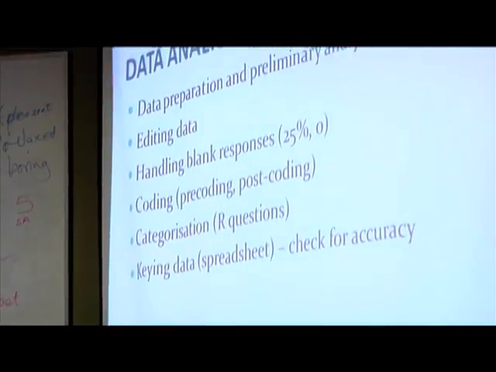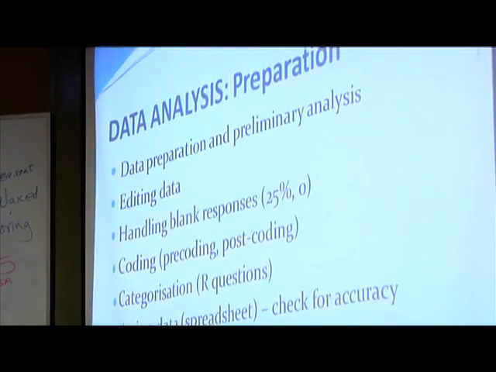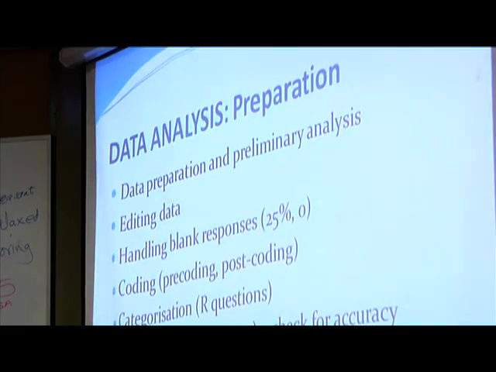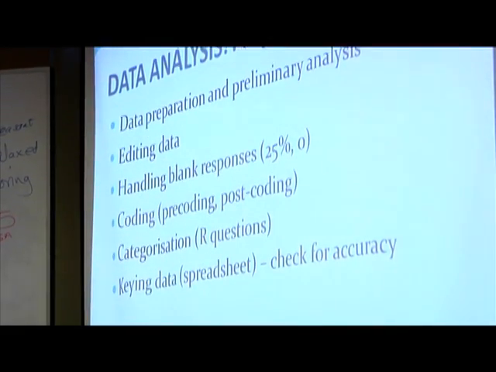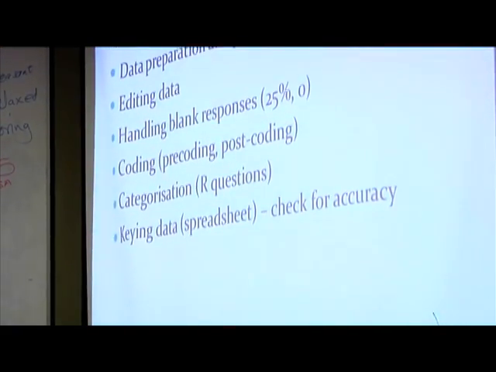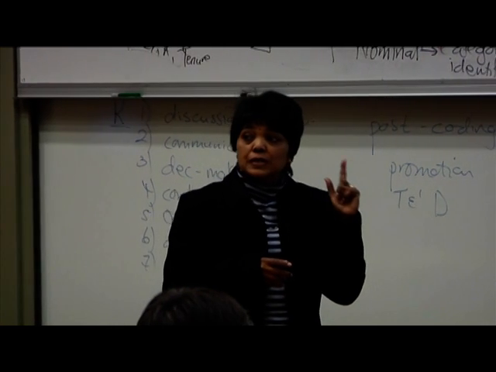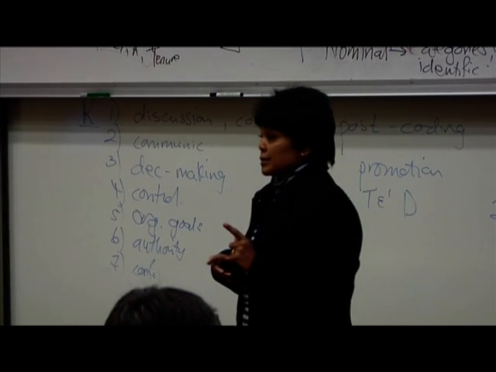Handling blank responses. In that spreadsheet, anything not answered cannot be left as a blank. You've got to put in a 0. So if, as Sue mentioned earlier, someone does not answer something, it's quite fine as long as only 25% of that questionnaire is not answered. Okay?